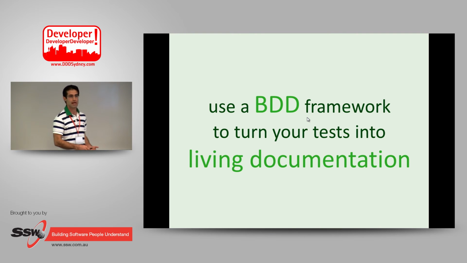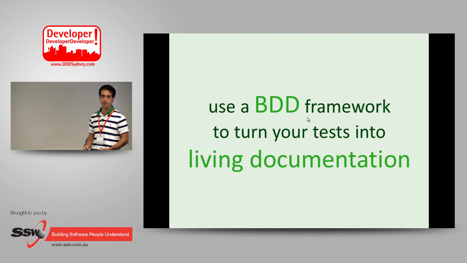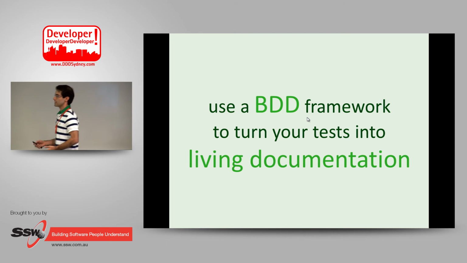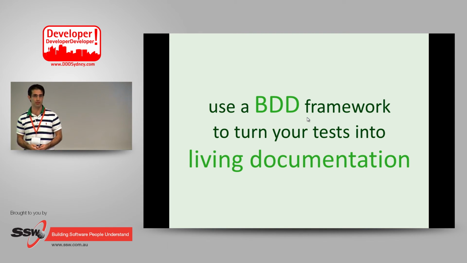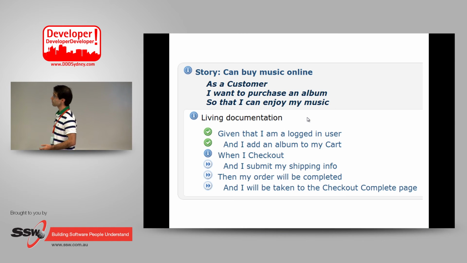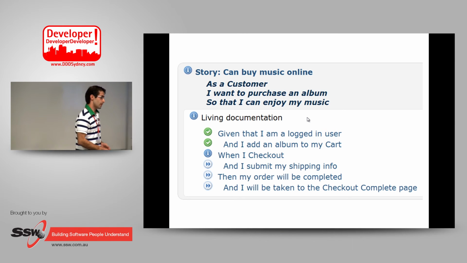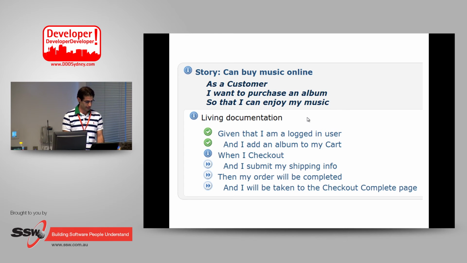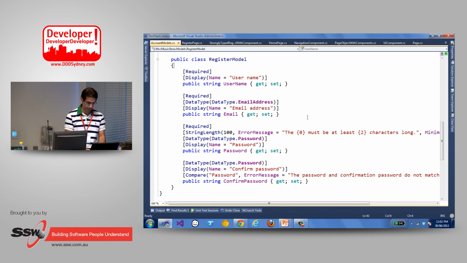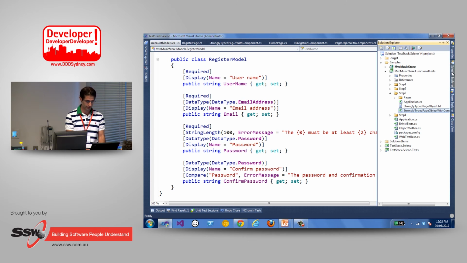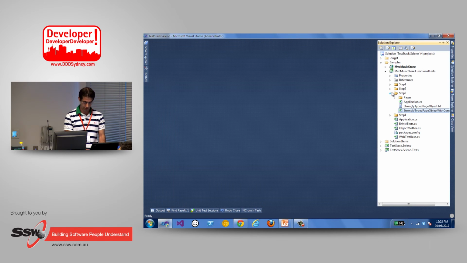You don't have to waste that much effort trying really hard to sync your code with your documentation and fail at the end. I've used BDDfy for this sample. You don't have to use BDDfy. There are plenty of frameworks out there that allow you to do that, but I just feel more comfortable with this one.